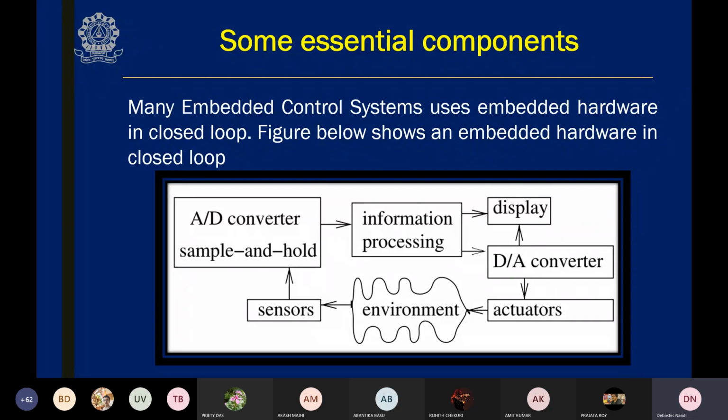Anyway, after processing the information, either you can display the information, or you can again convert this into analog, because here you see this environment is simulated by actuators. So this actuator works on the principle of analog signal, and therefore the input of the actuator should be analog in nature.